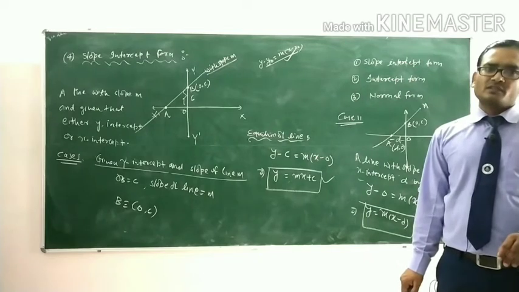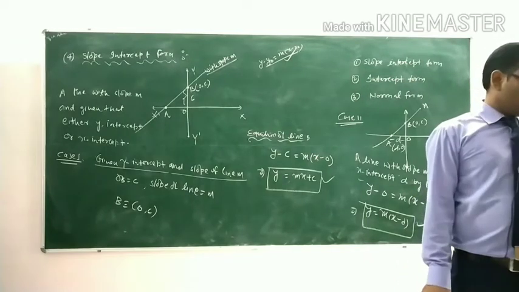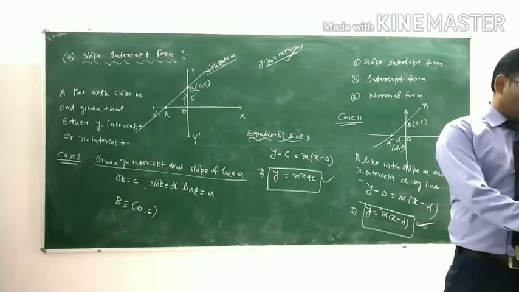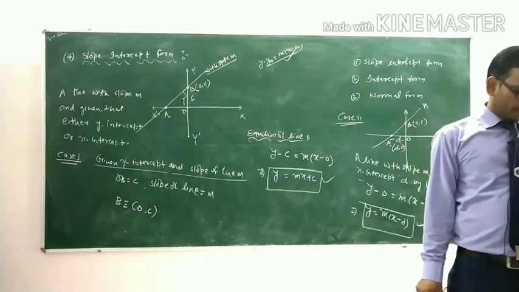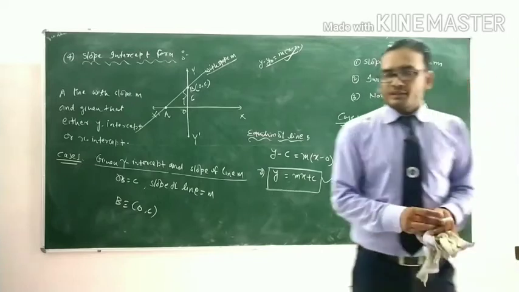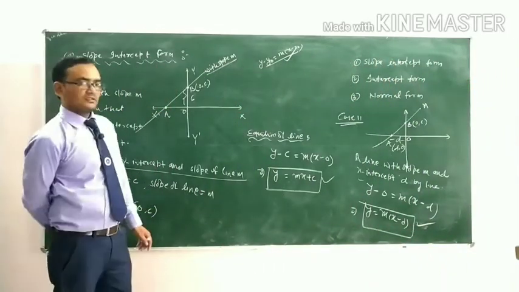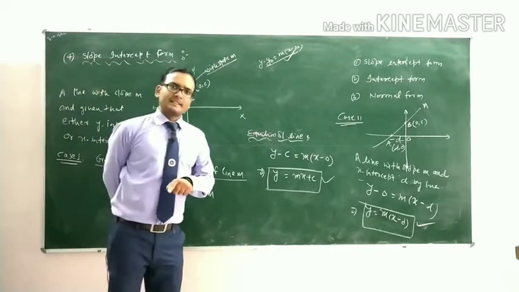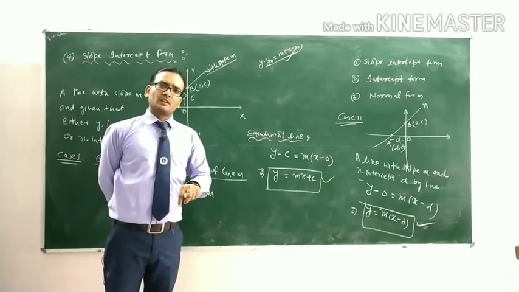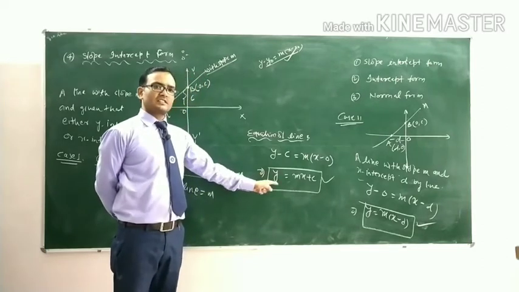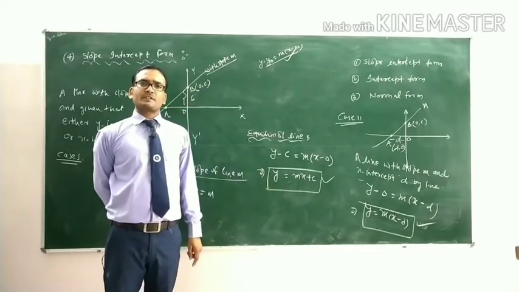Okay students, now we solve questions related to this formula. Example number 9. If a line has slope m and y-intercept c, then the equation of the straight line is y equals mx plus c.